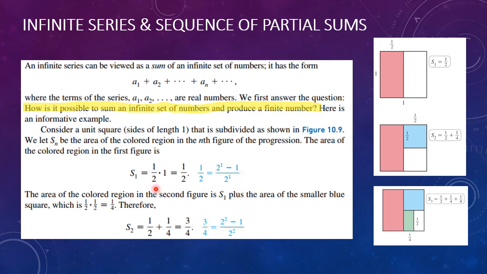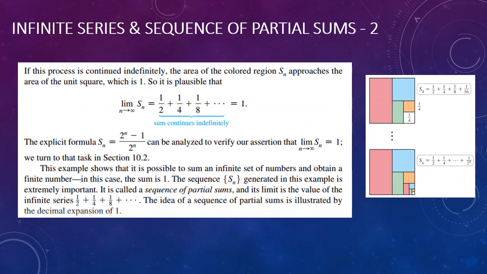So we have 2 to the 1 minus 1 over 2 to the power of 1 for S sub 1. For S sub 2, we have 2 squared minus 1 over 2 to the power of 2. And for S sub 3, we have 2 to the power of 3 minus 1 over 2 to the third power. I think you might be able to see what's happening here and figure out what the sum for this infinite series is going to be.